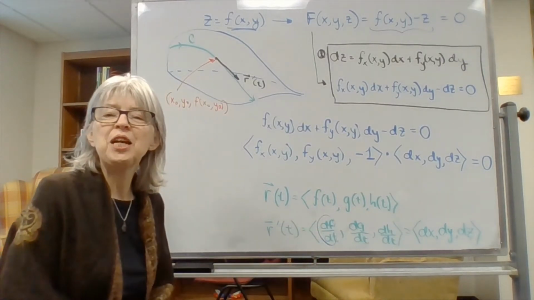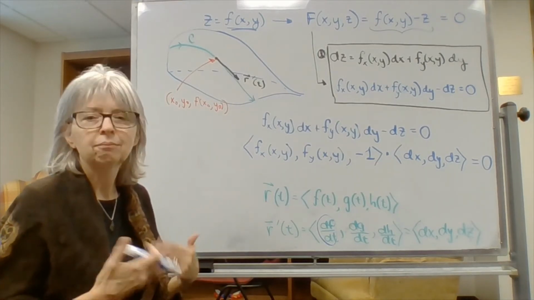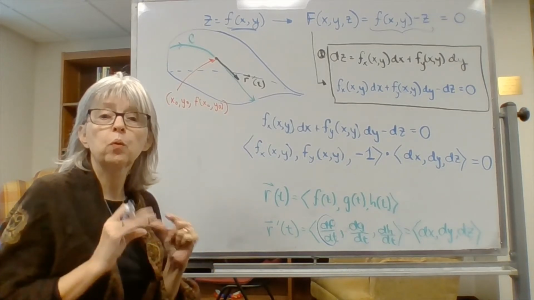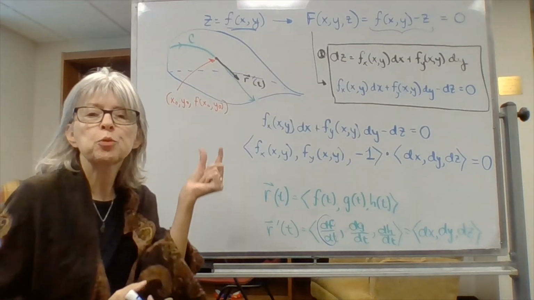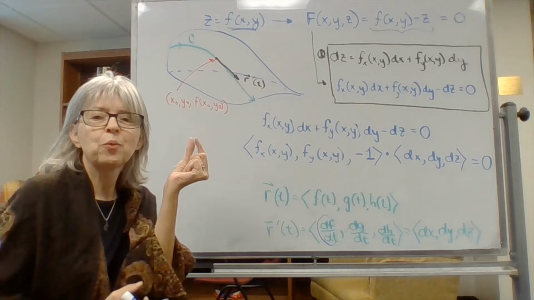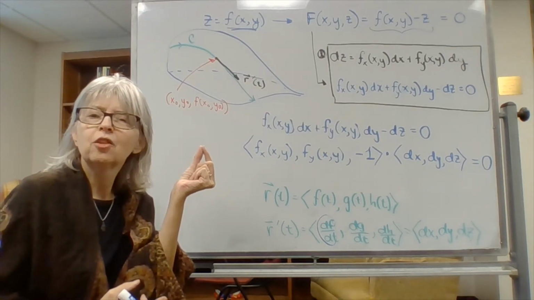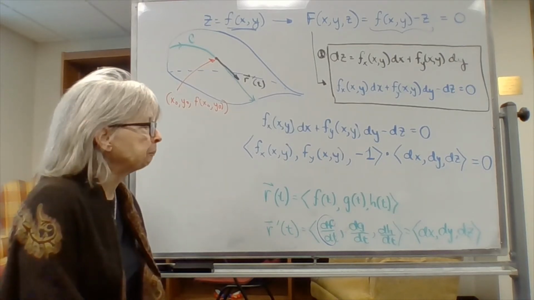Oh, a differential. Differentials approximate increments. dy is an approximation of delta y. They're almost interchangeable when delta y's and delta x's and delta z's are very, very tiny. They are approximations.